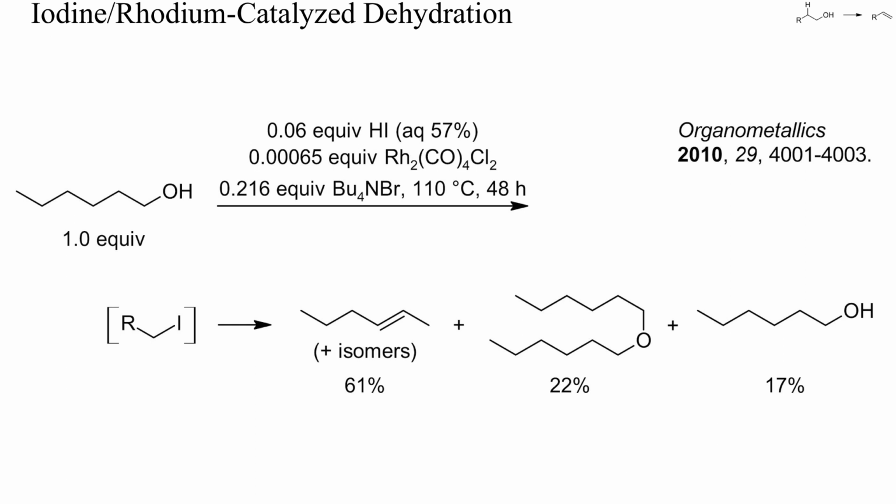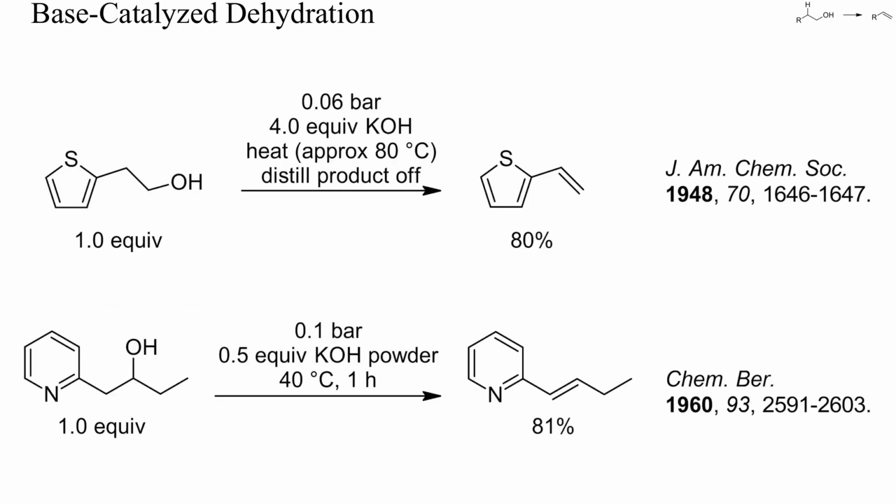In the absence of carbon monoxide, this catalytic system can be used to dehydrate primary aliphatic alcohols, as shown here. The conditions were relatively mild, but ethers and isomeric alkenes were also formed. Alcohols with arenes or electron-withdrawing groups in position 2 can sometimes be dehydrated under alkaline conditions.